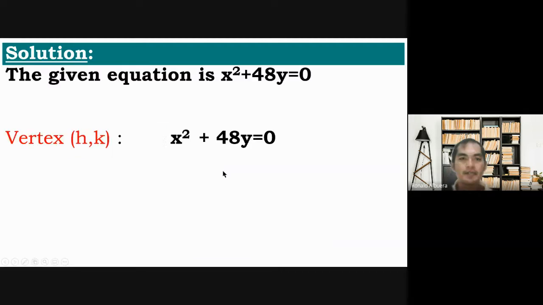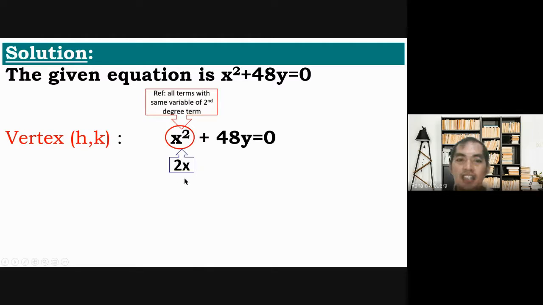Another, how about the vertex? Ang vertex natin ay at 0, 0 kung walang kapartner yung may square na term na ang exponent ng variable ay first degree. Ang exponent ng square ay 2. So, that's always.